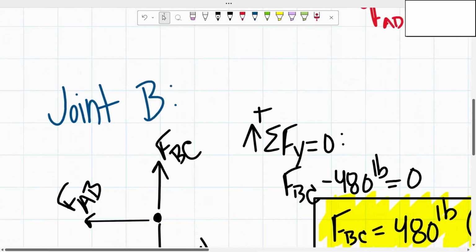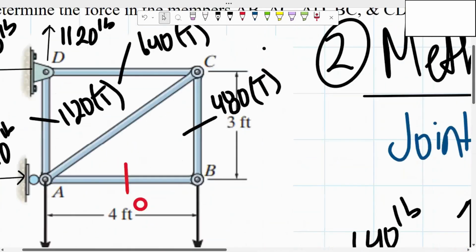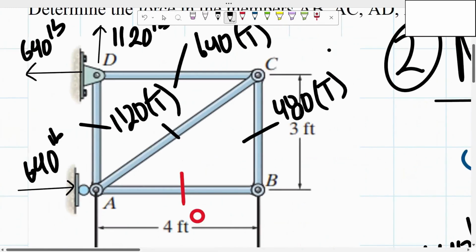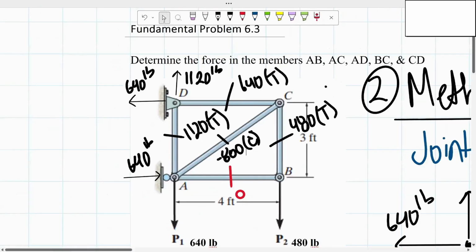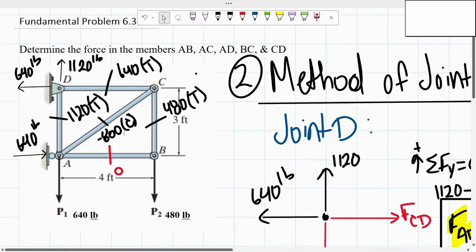And with that, we could simply go up here and write that this member has a force of 800 pounds and that it is in compression. So with that, we were able to determine all of the forces in all of the members.